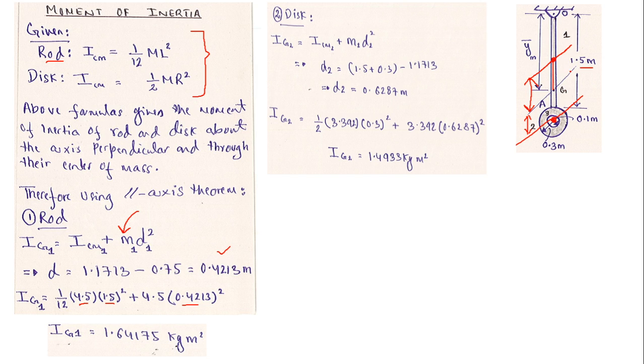So we know that from point O, this is 1.5, and this was plus 0.3.